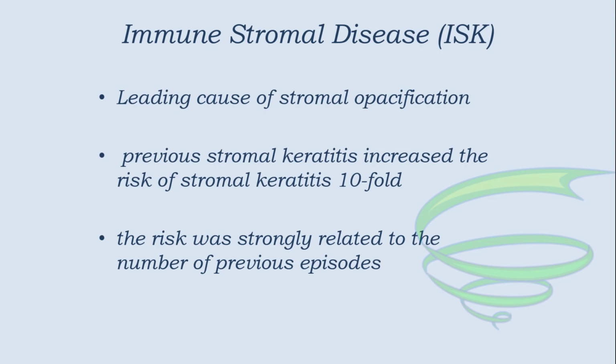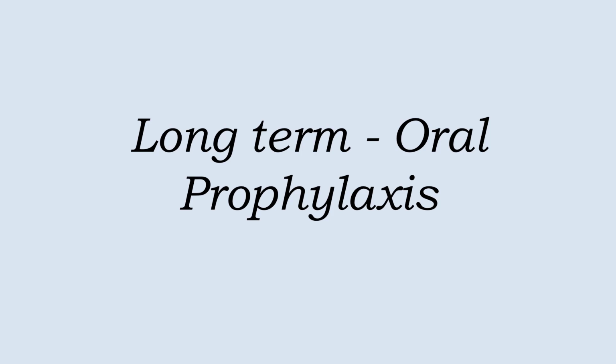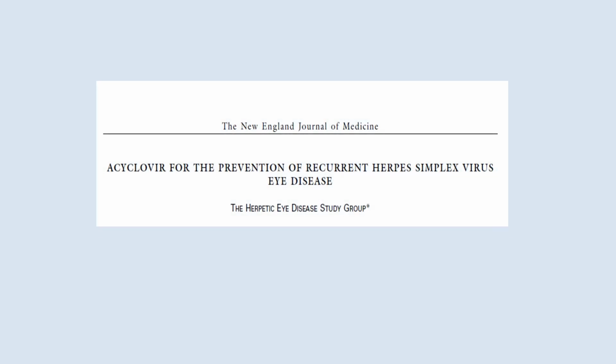And this is the reason that when it was seen that oral ACV is helpful in prophylaxis of recurrent genital and orofacial disease, it was studied for ocular herpes too. This study was done to assess how oral ACV 400 mg dose twice a day can help in preventing recurrence.